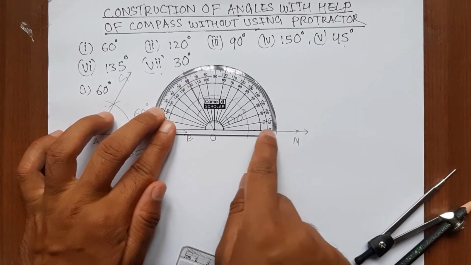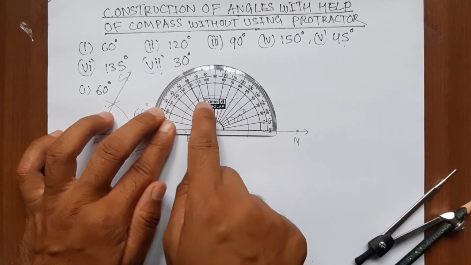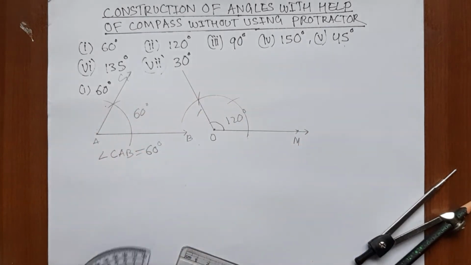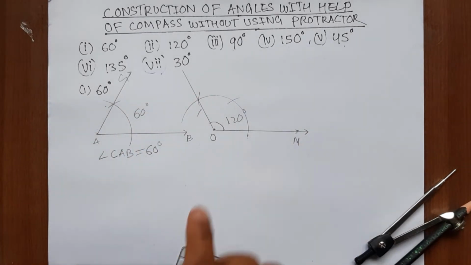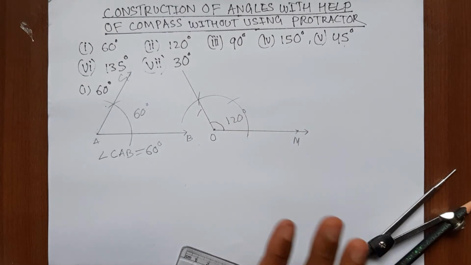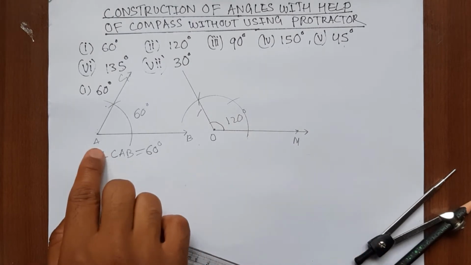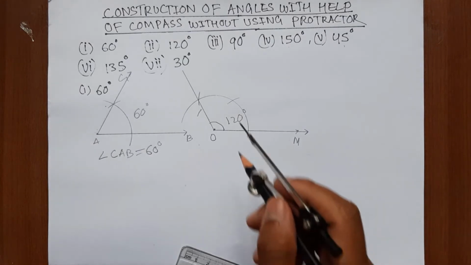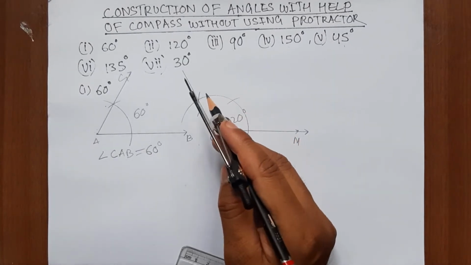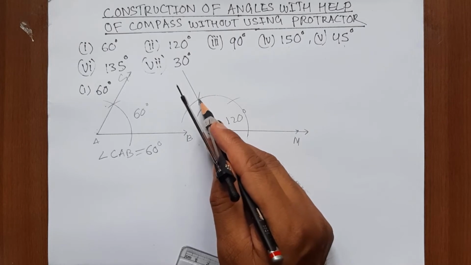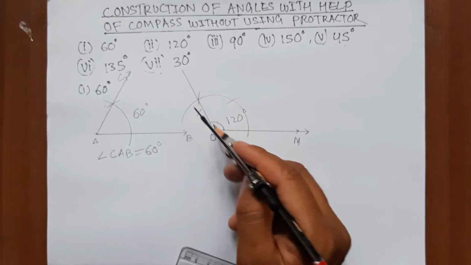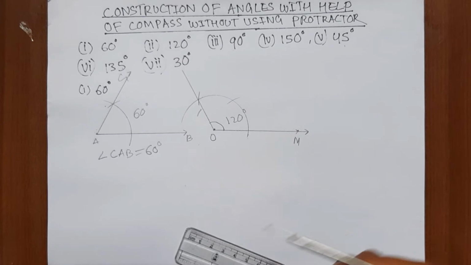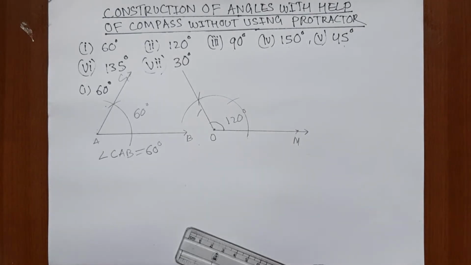The lines are coinciding here. So this is a 120-degree angle. So we have learned how to draw 120 degrees also. The procedure is the same as the previous one. The only additional work is that we made another arc cutting here and joined these 2 points. Similarly, we can draw a 90-degree angle also.